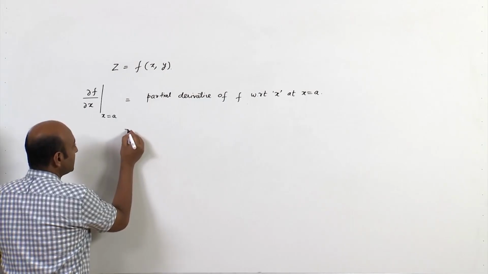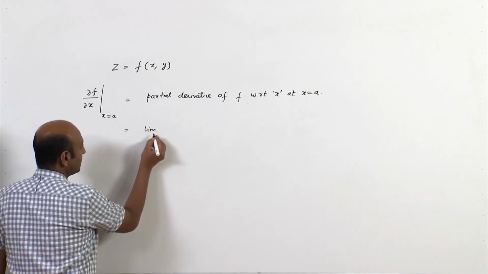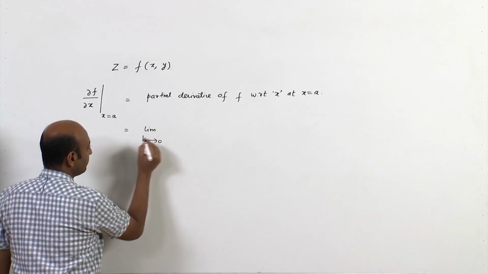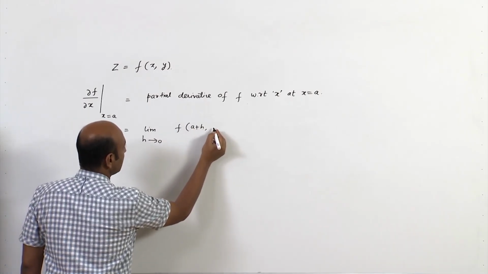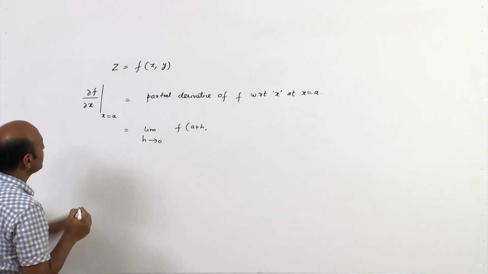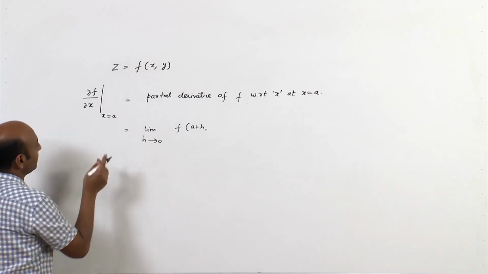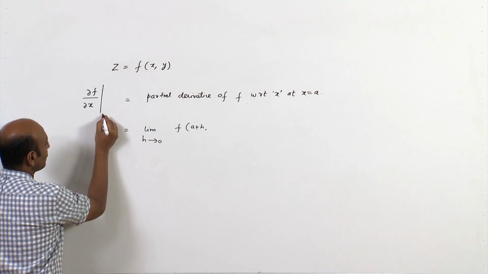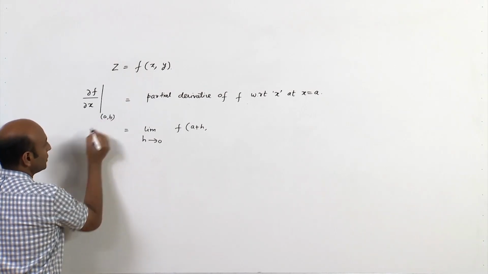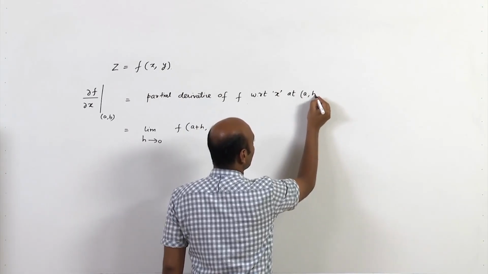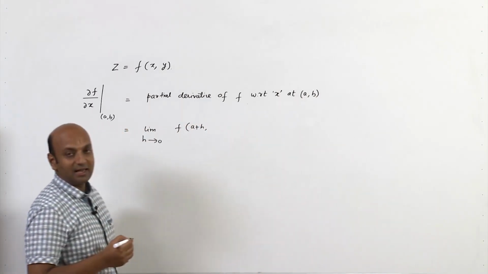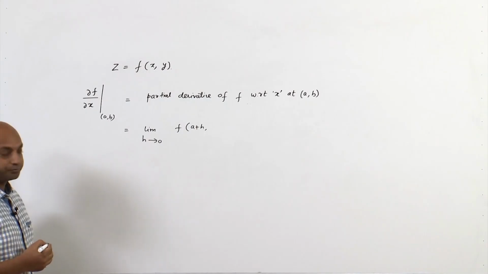We define this at a point (a, b), because here we have two variables, x and y.